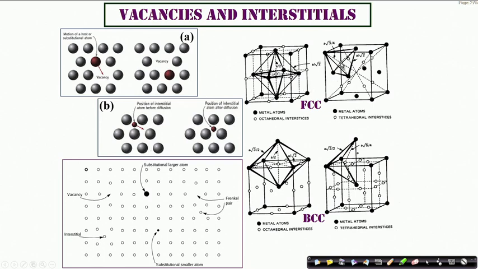Similarly, in an FCC crystal, one can see a tetrahedral void, which is located at the 1/4, 1/4, 1/4 position, and is surrounded by 4 nearest neighbors and 4 planes. So this is called the tetrahedral void or tetrahedral interstitial site.